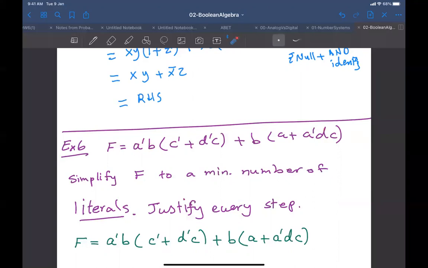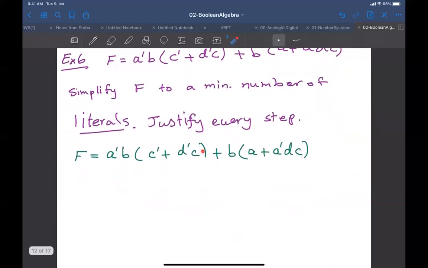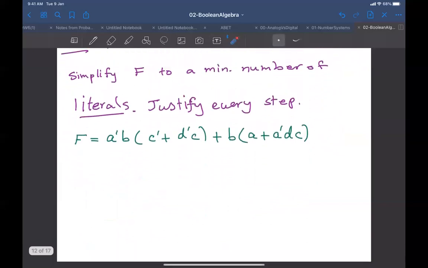We would like to use algebraic manipulations to try to simplify this and minimize the number of literals, and we will justify our steps as we go. All I have done here is rewrite the expression so that when I scroll down, you don't have to look up here.